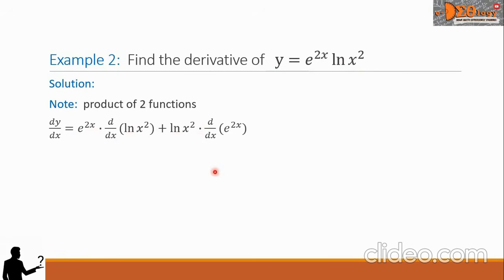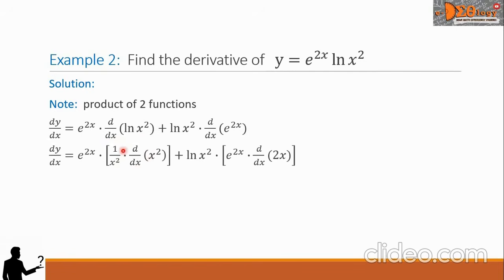On the next line, we're going to copy everything, and this time we will simplify the respective derivative. So the derivative of ln x squared is 1 over x squared times the derivative of x squared.